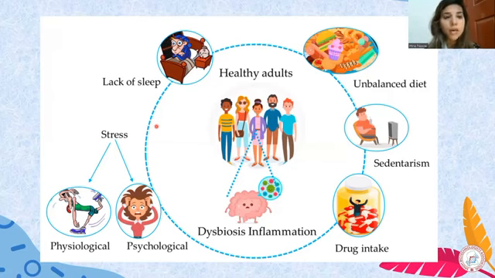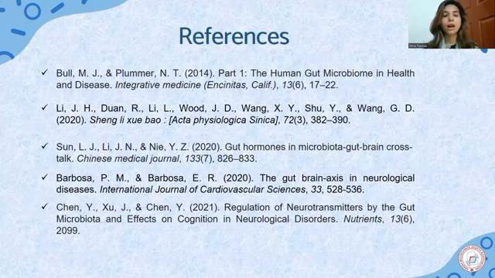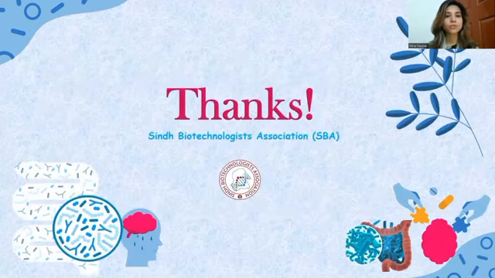Lack of sleep has been shown to be associated with gut dysbiosis, as is lack of physical activity or an unbalanced diet. And these are the references which I have used for making this presentation.